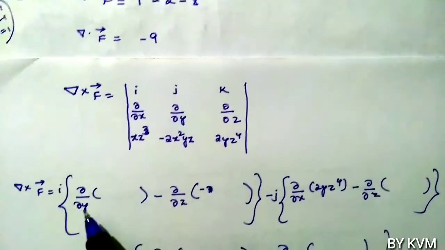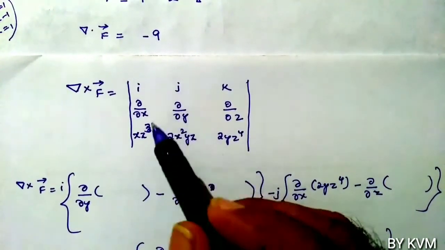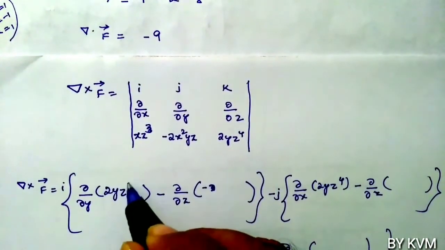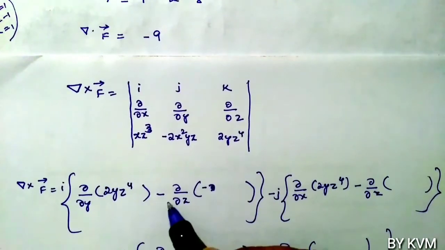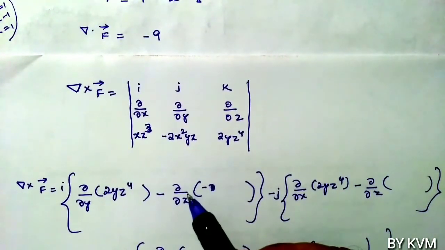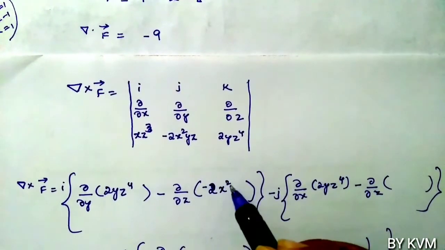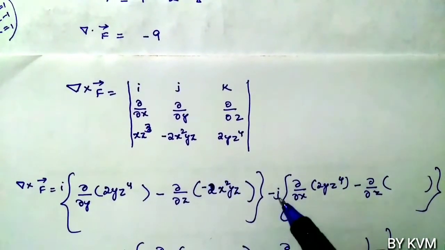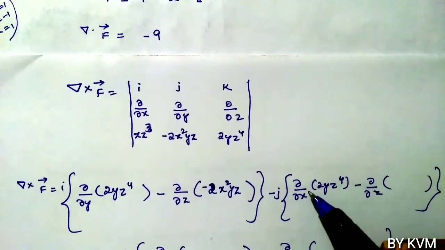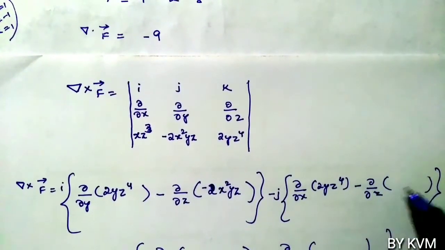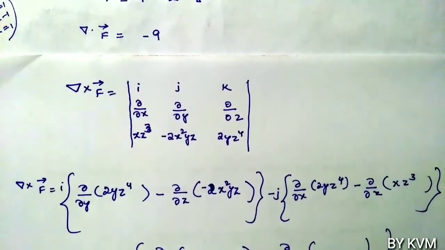So i times ∂/∂y of 2y z power 4 minus ∂/∂z of minus 2x square yz. So minus j times ∂/∂x of 2y z power 4 minus ∂/∂z of x z cube.